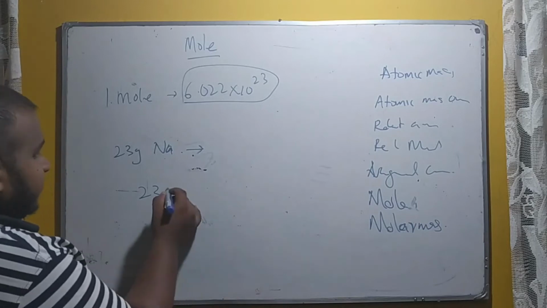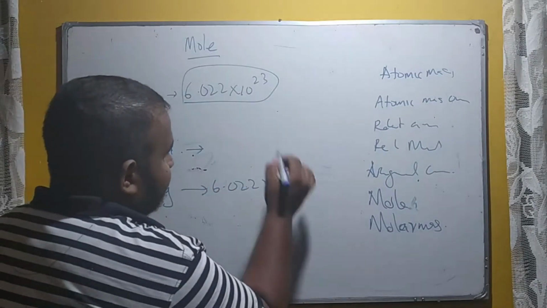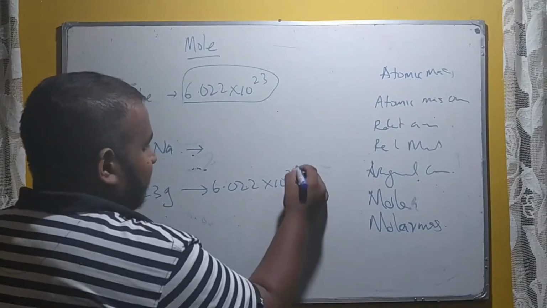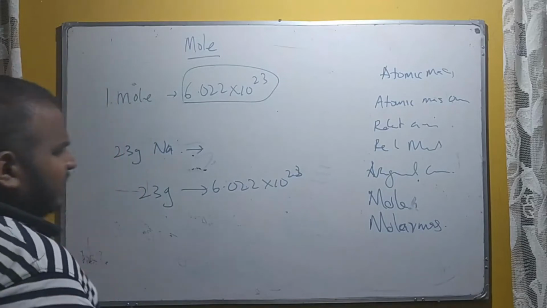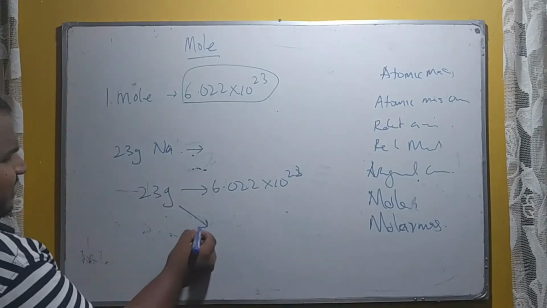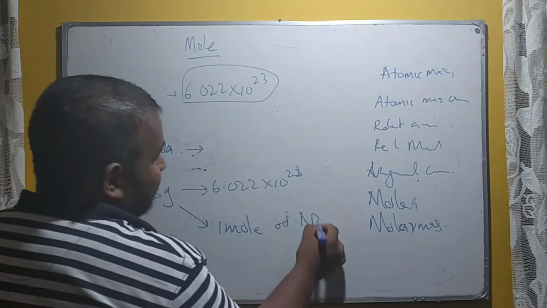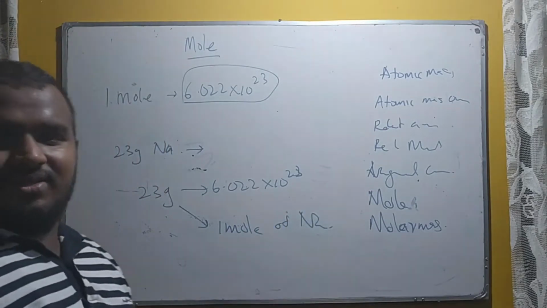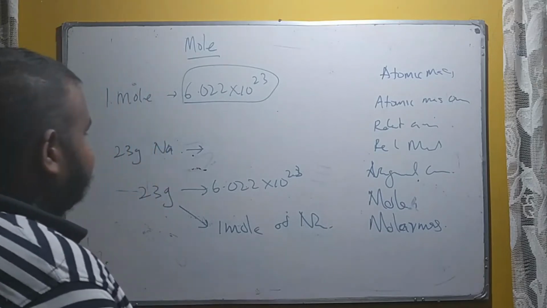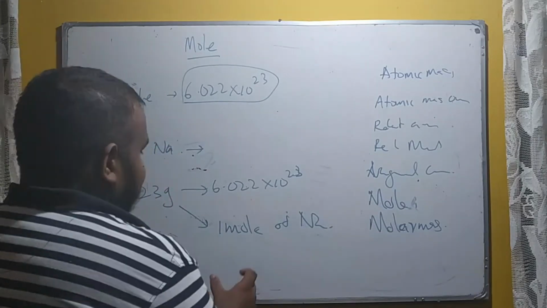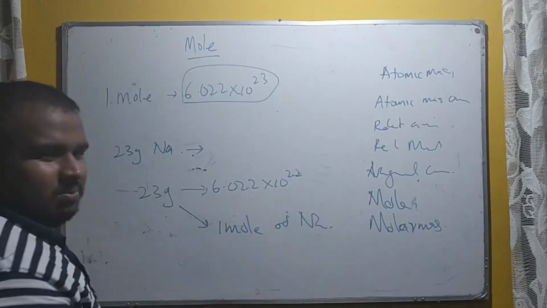Therefore, if you take 23 grams, there will be 6.022 in 10 to the power of 23, the Avogadro constant amount of atoms. In other words, in 23 grams there will be 1 mole of sodium. The same thing. So here we have an interconnection. This much amount, we call it 1 mole.